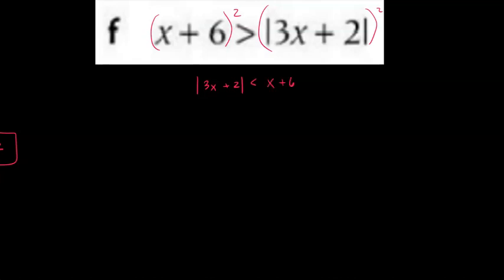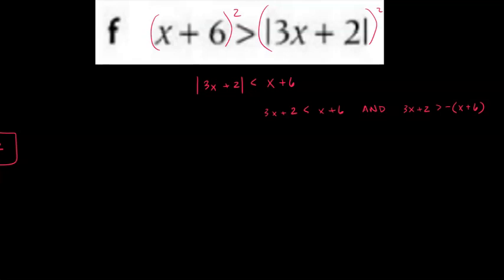So we know that 3x plus 2 has to be less than x plus 6, and 3x plus 2 has to be greater than negative x plus 6. Like that.